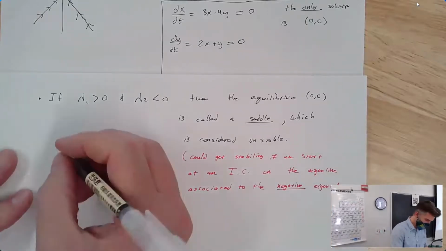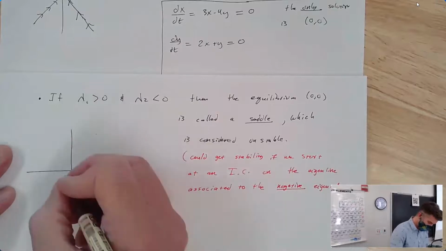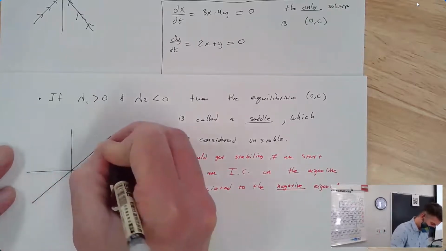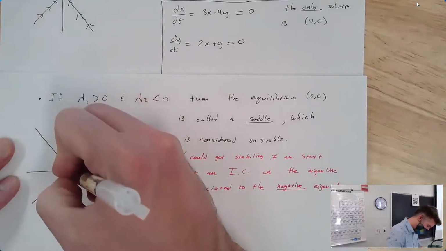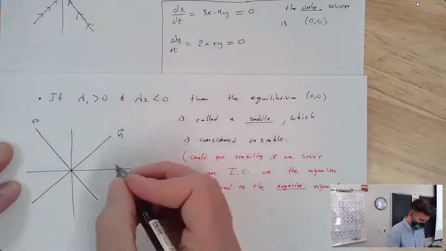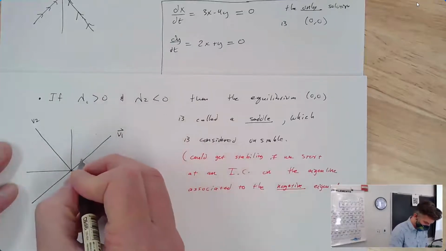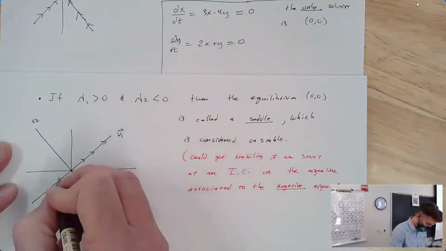So picture-wise, if here's your first eigenline, and here's your second eigenline, and the first one has a positive eigenvalue, so we're pushing out on that.